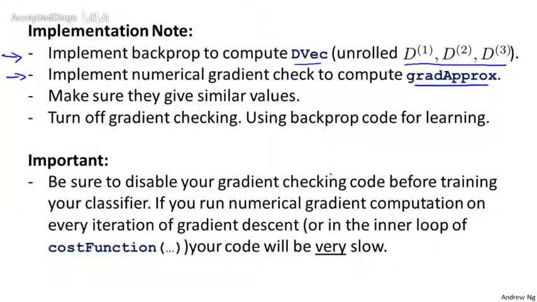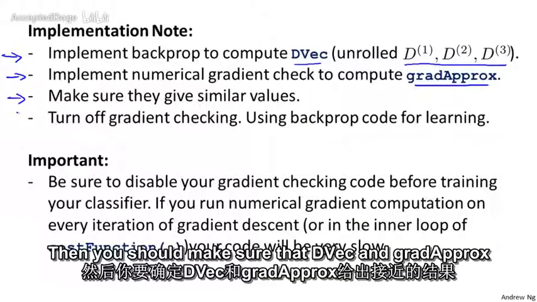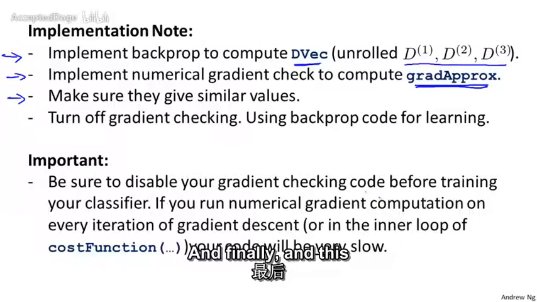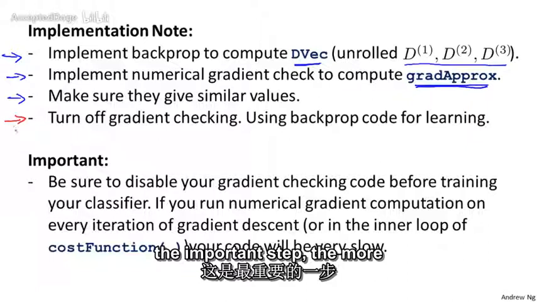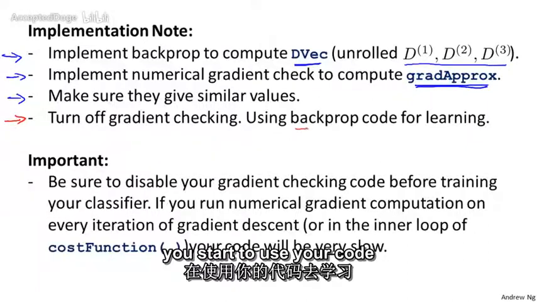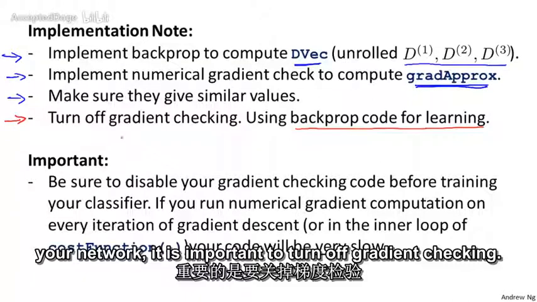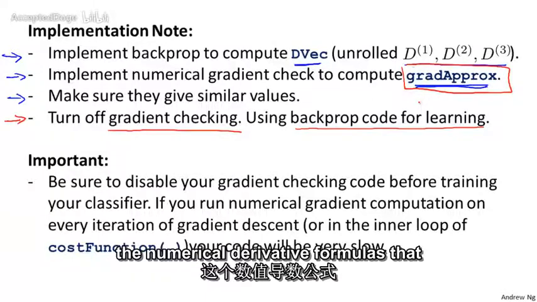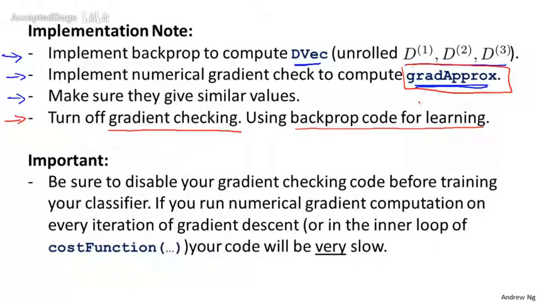Then you should make sure that DVec and gradApprox give similar values, let's say up to a few decimal places. And finally, and this is the important step, before you start to use your code for learning, for seriously training your network, it's important to turn off gradient checking and to no longer compute this gradApprox using the numerical derivative formulas that we talked about earlier in this video.